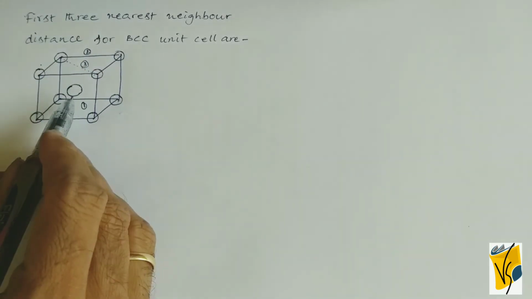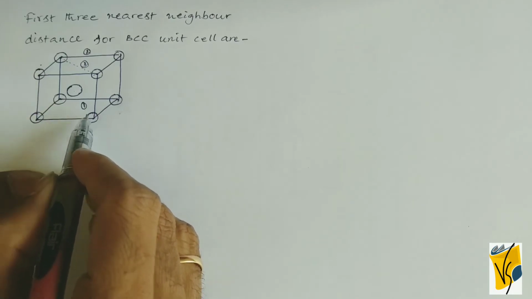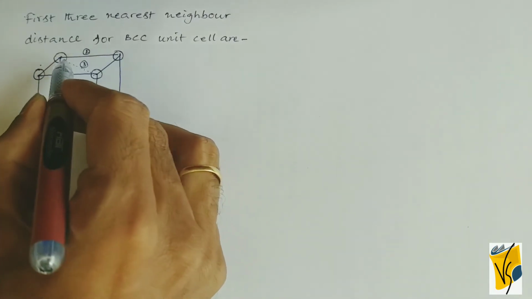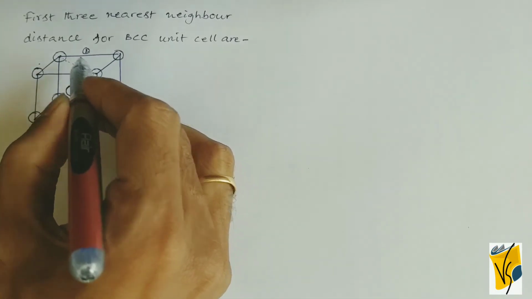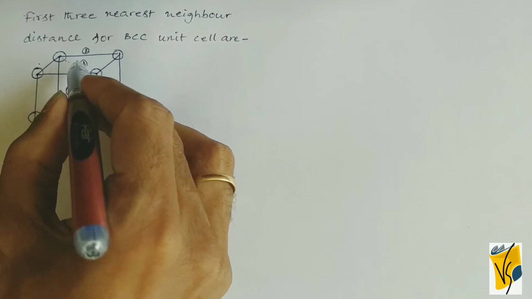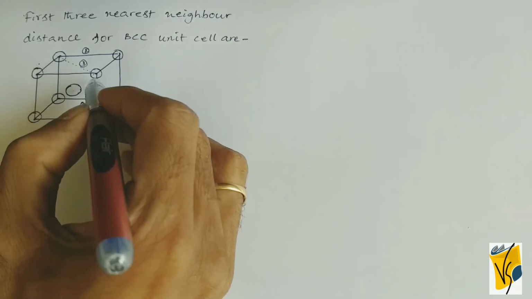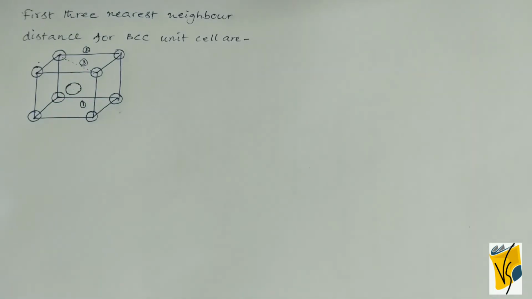So first neighbors are along the body diagonal, second nearest neighbors are along the edge, and third nearest neighbors are present in the corners, and the distance between the two atoms at the corners along the face diagonal becomes the distance between third nearest neighbors.